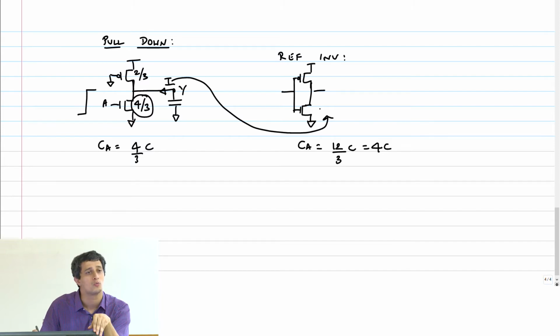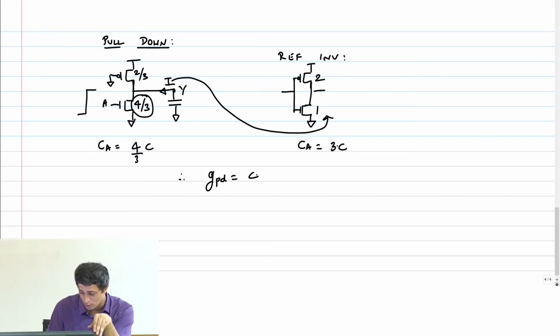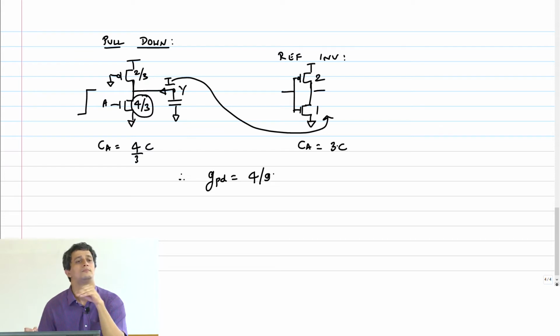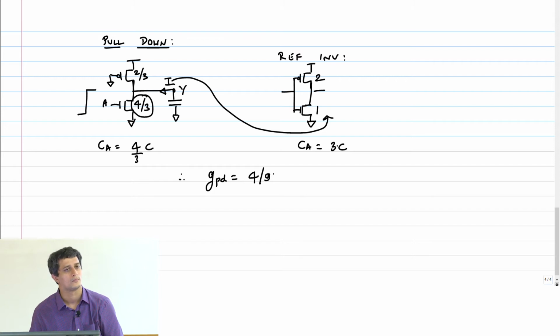What is the number I should put if I want I? 1. If this is 1, what is PMOS? 2. Therefore, CA will be 3C, which implies logical effort of pull down equal to 4/9. Which is less than 1. Much less than 1, it's close to half.